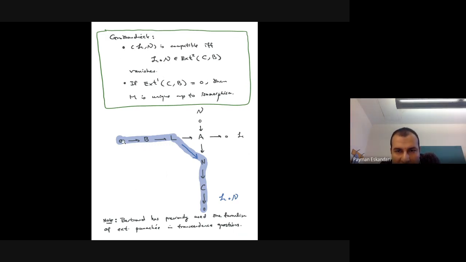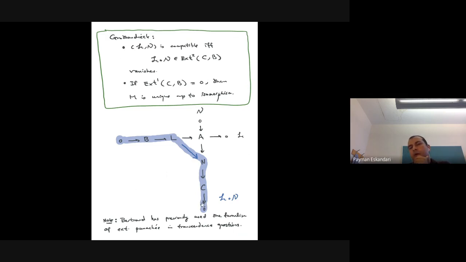Going back to my diagram, if I compose these two maps, you get this blue arrow, and if you look at this highlighted sequence, that's a 2-extension, and the pair is compatible if and only if this is trivial in the Ext^2 group.